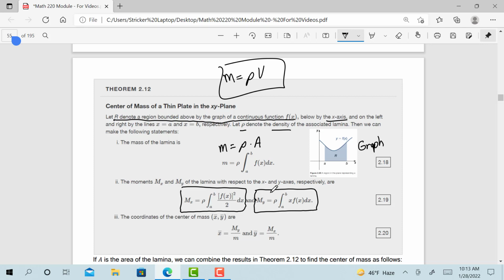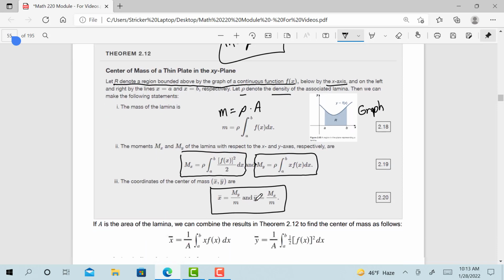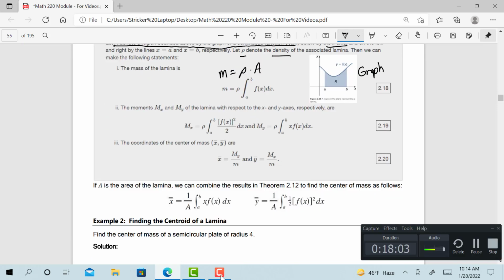And then, of course, we have the same formulas for finding x bar and y bar to find your center of mass. So even though we have these formulas for the mass, the moments about the x and y axis, and x bar, y bar, it requires a few different calculations to get there.